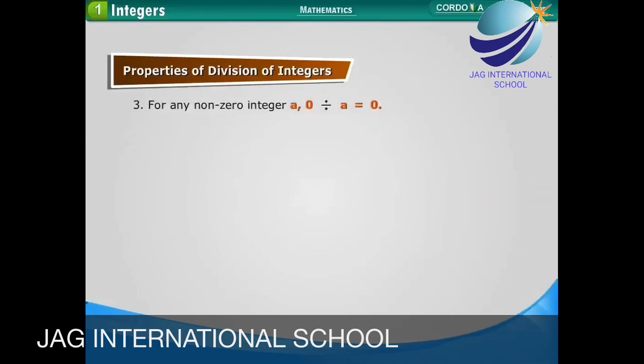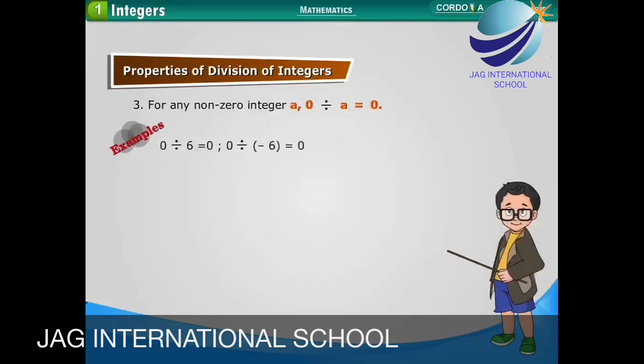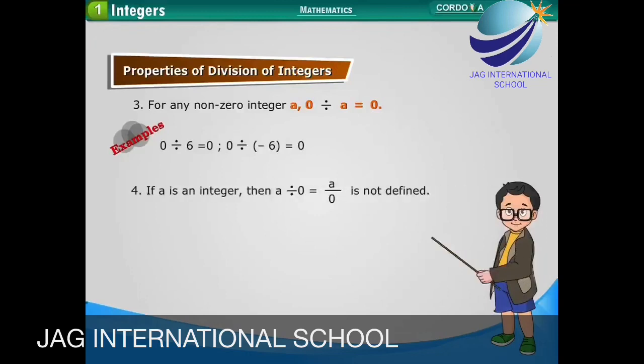For any non-zero integer a, 0 divided by a is equal to 0. Examples: 0 divided by 6 is equal to 0. 0 divided by minus 6 is equal to 0. If a is an integer, then a divided by 0, that is a upon 0, is not defined.